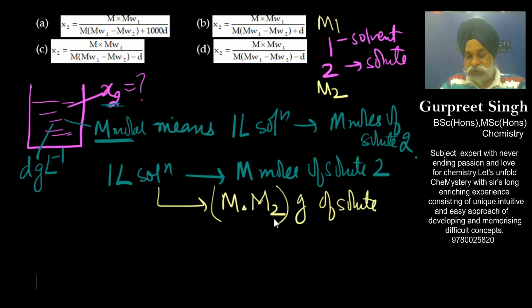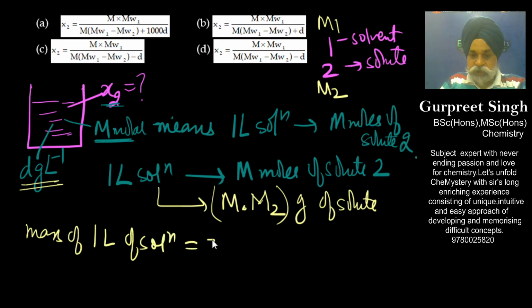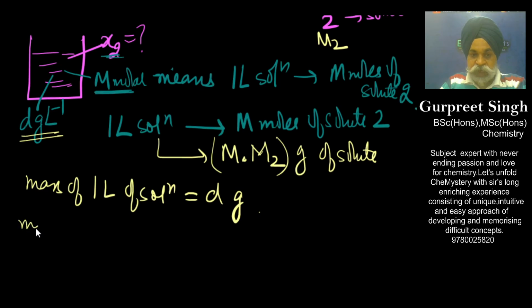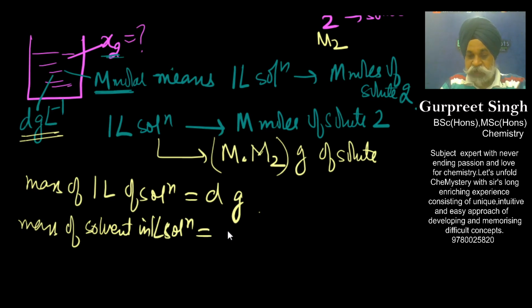1 liter of this solution contains this much grams of solute, and because density is d gram per liter, I would also say mass of 1 liter of solution is equal to d grams. So I shall now be writing mass of solvent in 1 liter of solution. 1 liter of solution weighs how many grams? d grams.